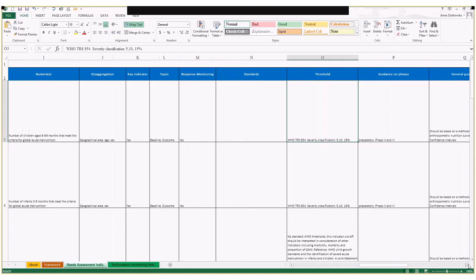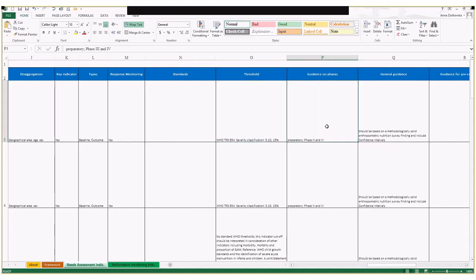Then you would have guidance on which phases of the response it should be collected. As you know, we now separate everything into 5 phases: the preparedness, and then the first phase, which is usually the first few days of emergency, the second phase up to 2 weeks, and then the third phase usually up to a few months, and the fourth phase onwards.